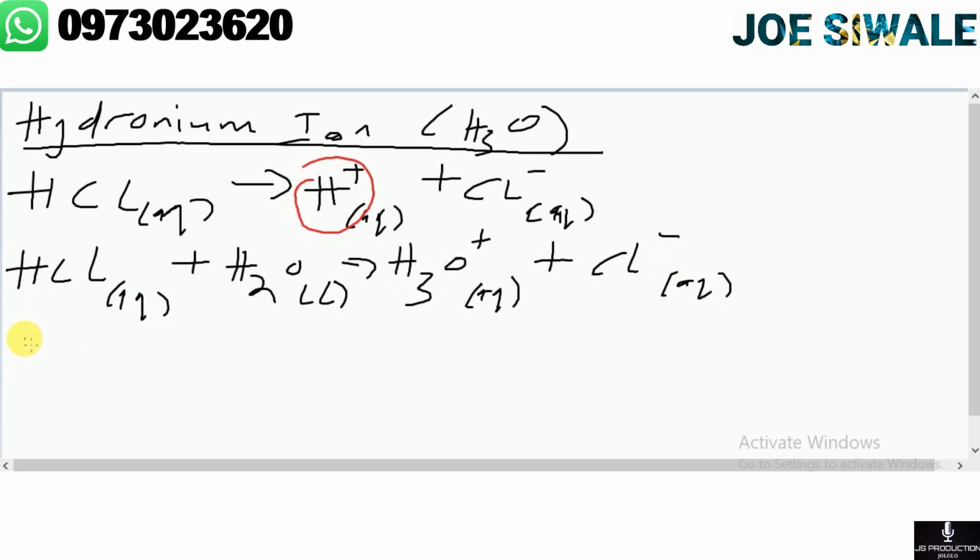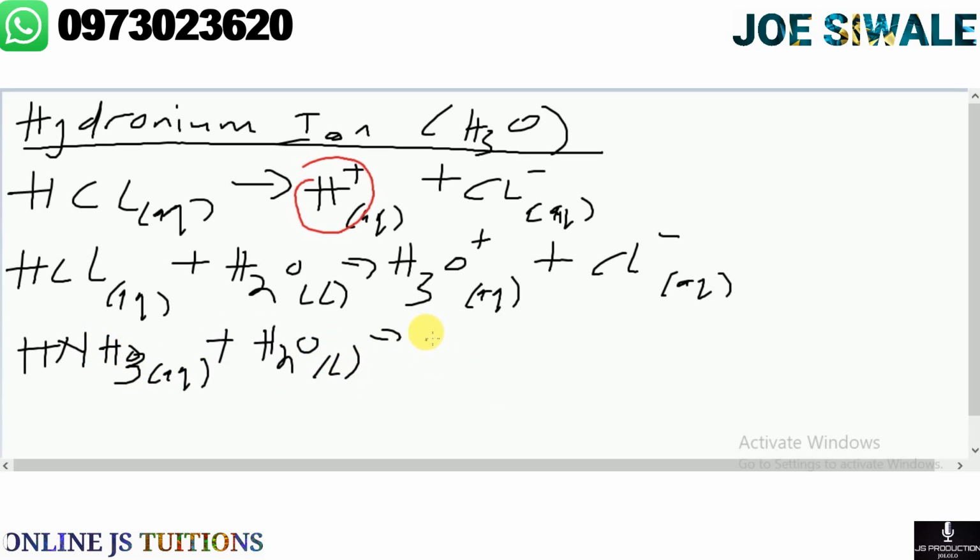So it's the same thing when you have nitric acid with water, plus water.